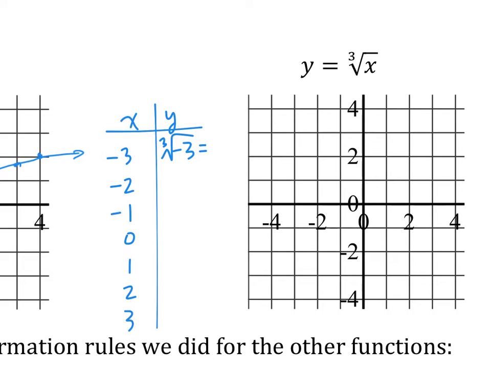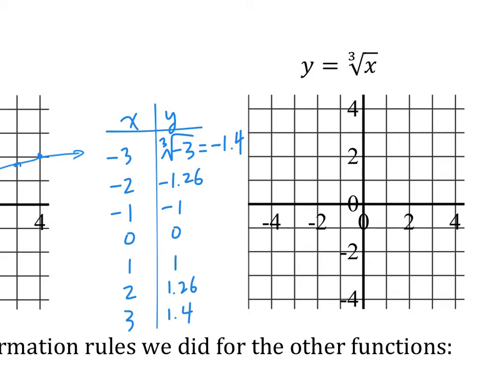Let's go ahead and put in all your values. The cube root of negative 3 is about negative 1.4. The cube root of negative 2 is about negative 1.26. Then negative 1, 0, 1, 1.26, and 1.4. Make sure you can find the cube root button on your calculator in case you need it.